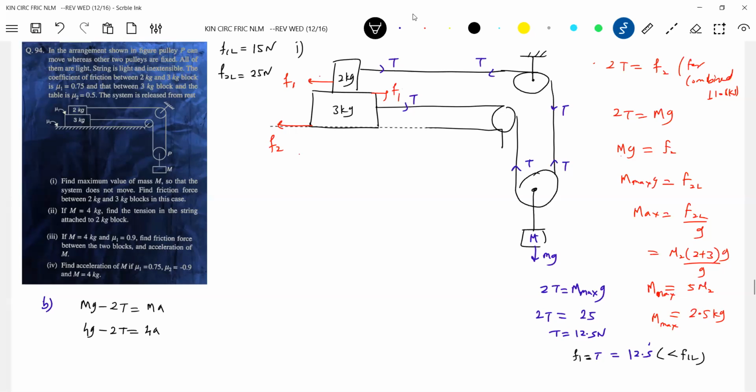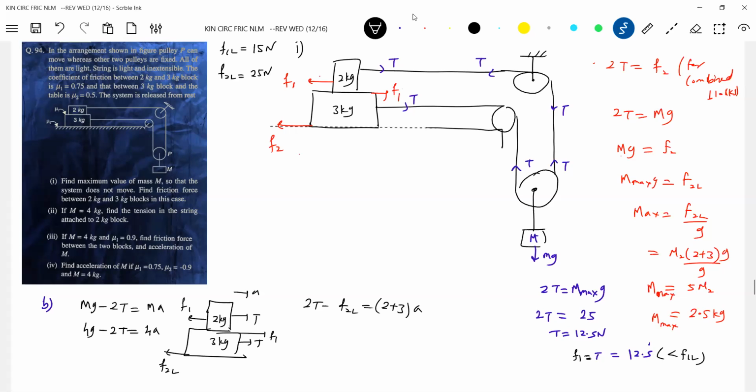Then together, I'll assume that... I'll show a small diagram so that it'll be easy for you. Here tension T and T. I'll assume that here the limiting friction F2L will act, and here a static friction will act, and let there be a common acceleration a. So solving this, 2T minus F2L is equal to (2 plus 3) into a.